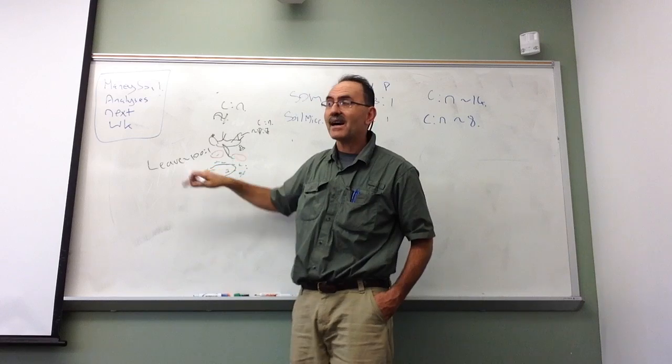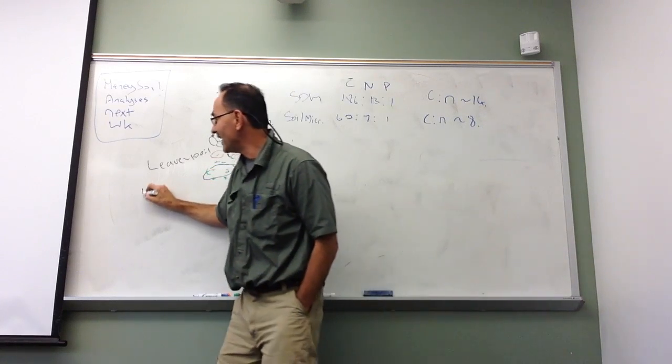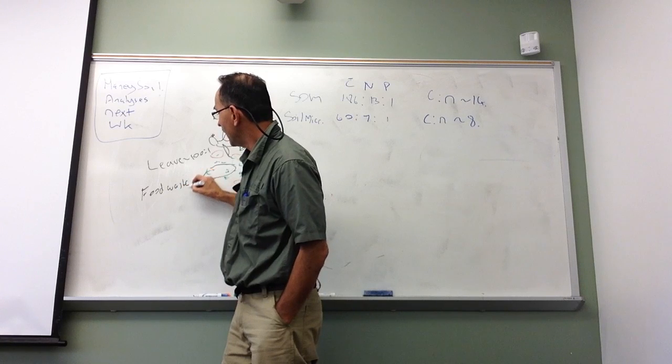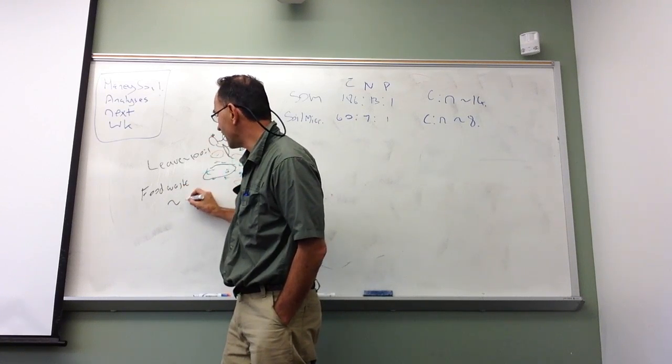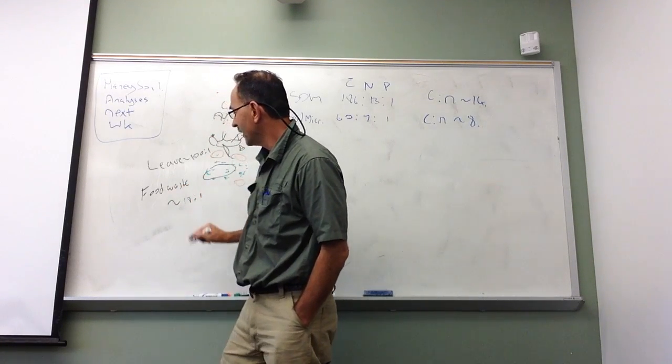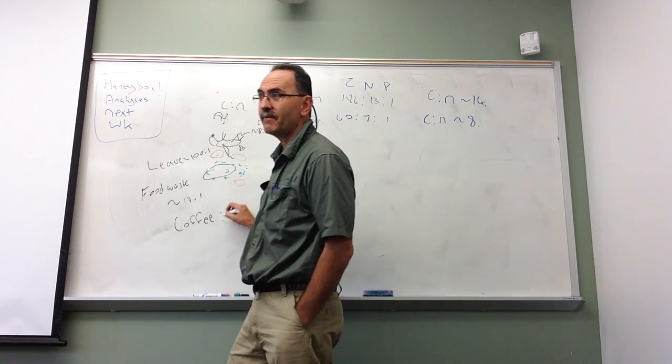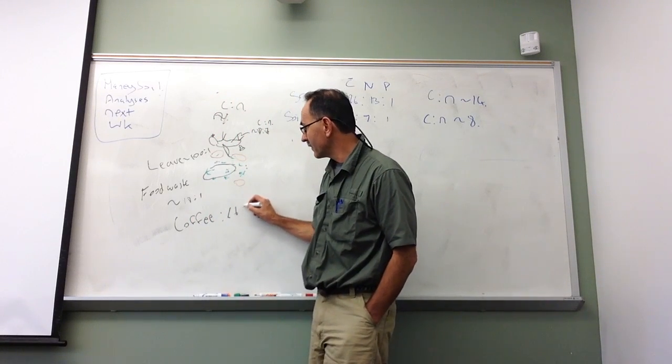Very, very high C to N ratio. Food waste, probably, I don't know, maybe 18 to 1. Coffee grounds from Starbucks, officially 16 to 1.